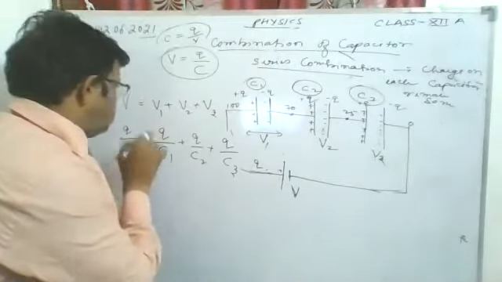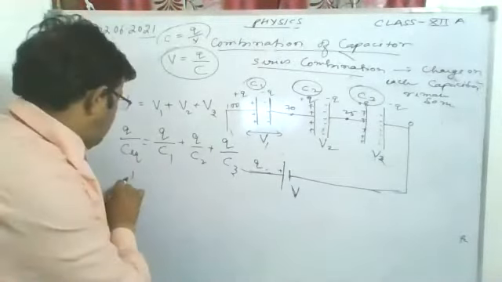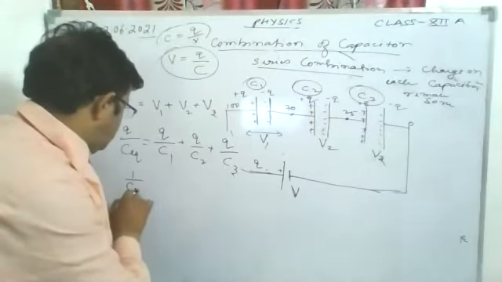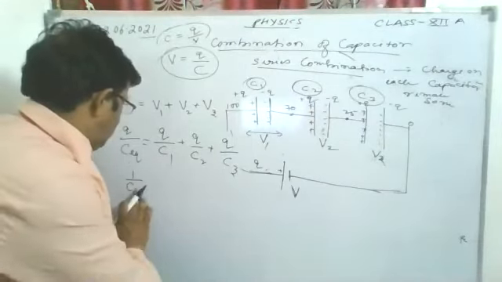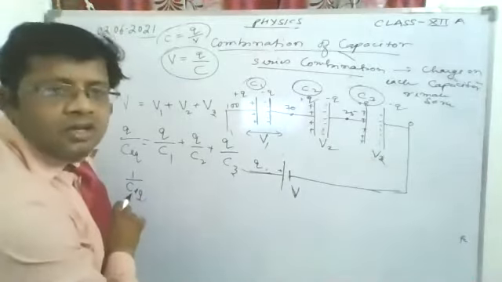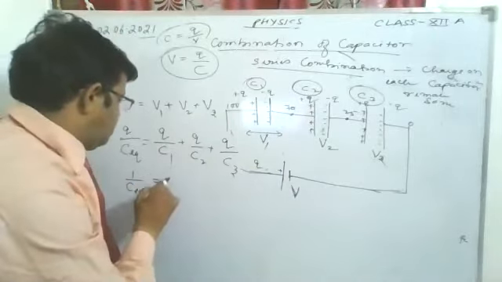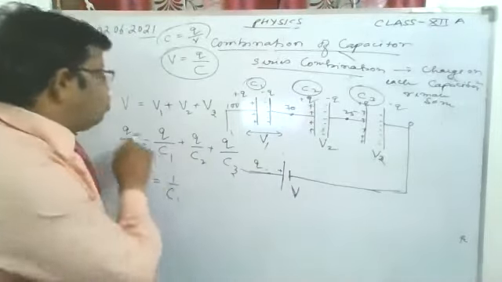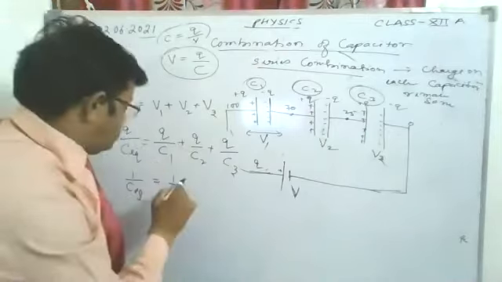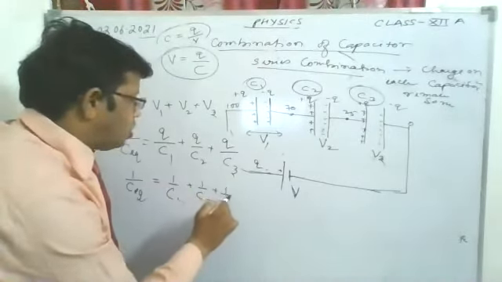C equivalent. Now see here again, both sides Q cancel out. What is remaining here? 1 by C equivalent. Equivalent means the total sum of the circuit, the equivalent capacitance of the total circuit. That is called equivalent. 1 by C1, Q on both sides we take common and cancel out, plus 1 by C2 plus 1 by C3.